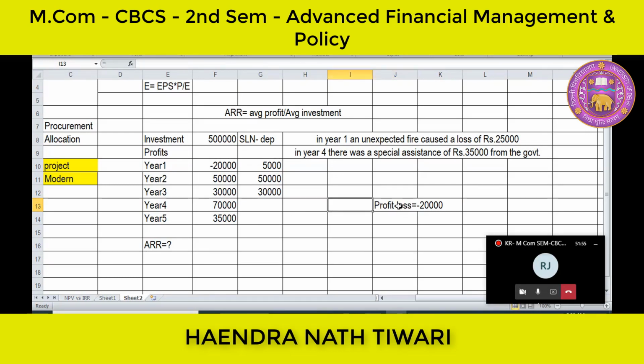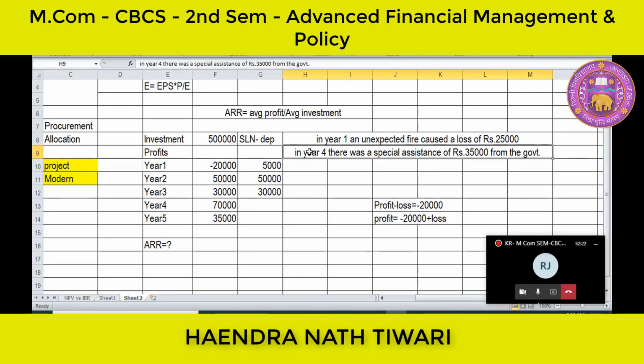Had this loss not been there, what would have been my profit? It would have been equal to minus 20,000 plus the loss amount. Is it okay? Yes, sir. Right, because these are the final reported profits.